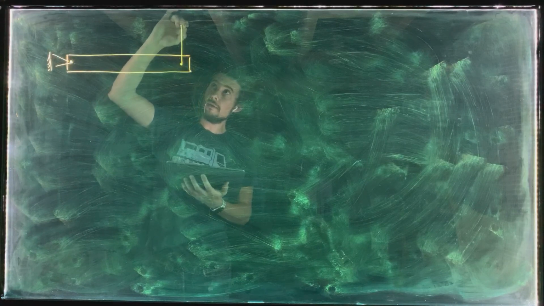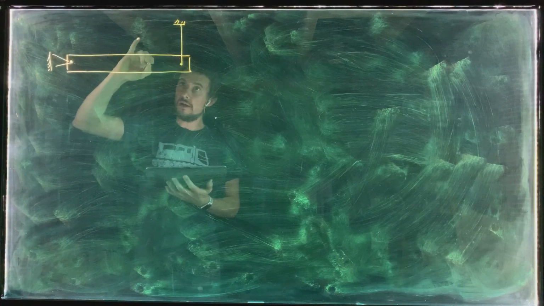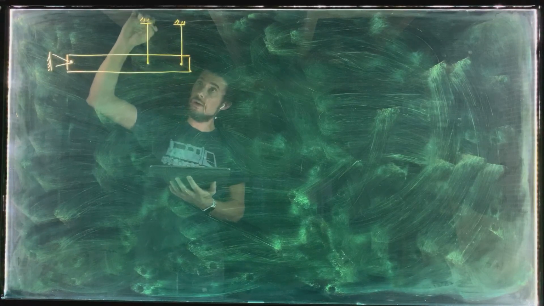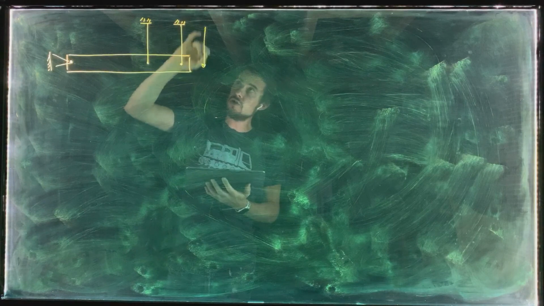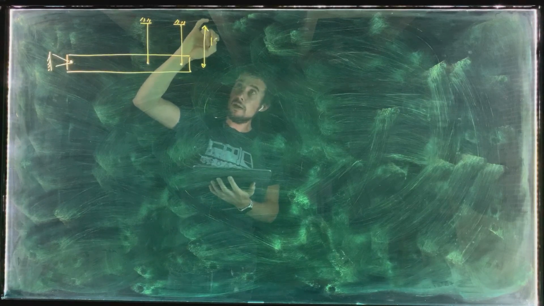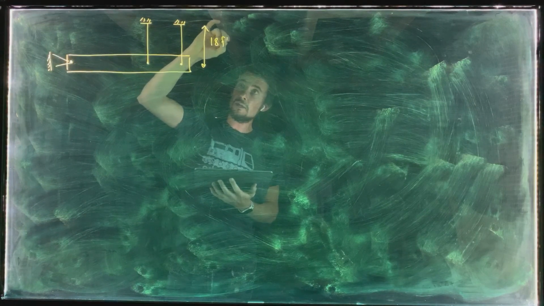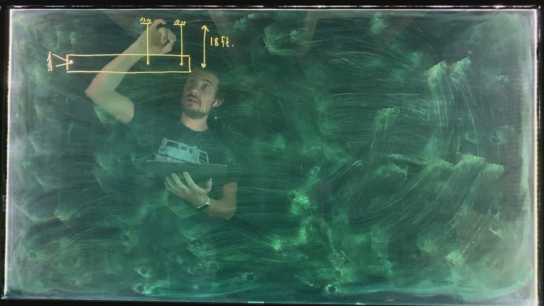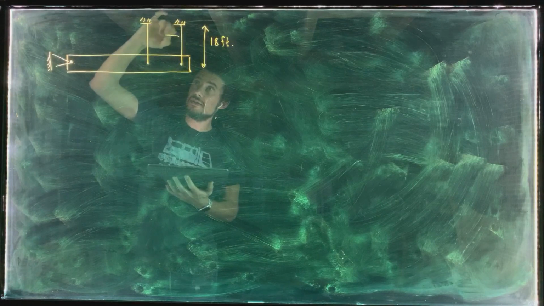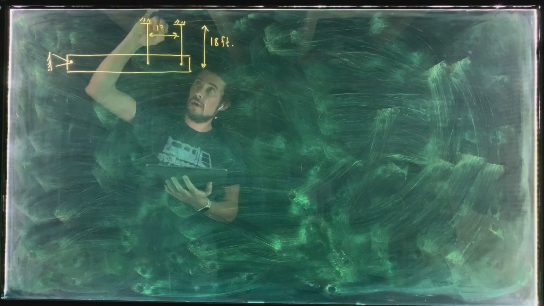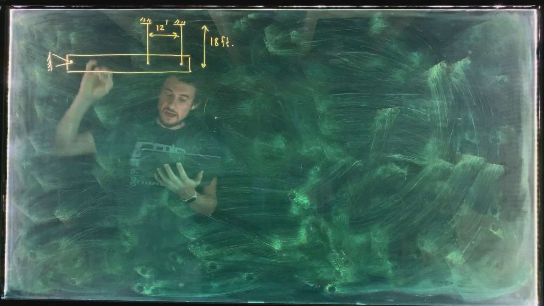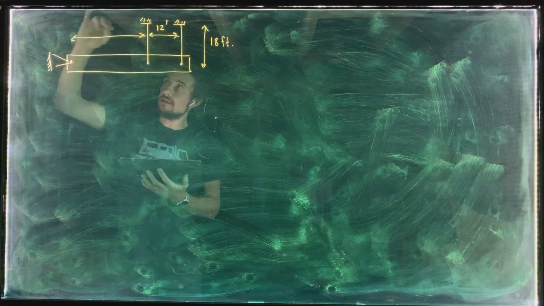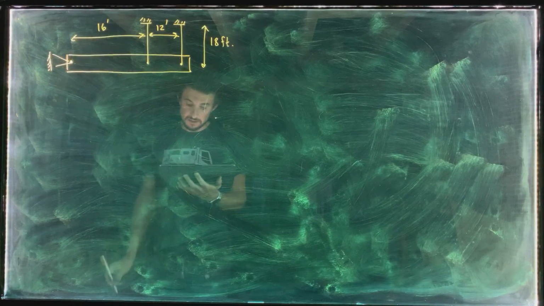One going up like this to a support and another over here going up to another support, and they are each a length of 18 feet long and separated by a distance of 12 feet, and the first one here from the pin is a distance of 16 feet, like that.